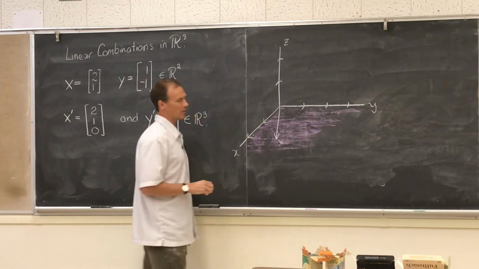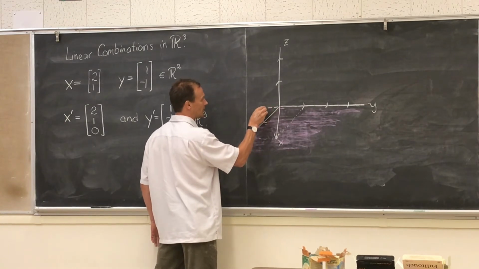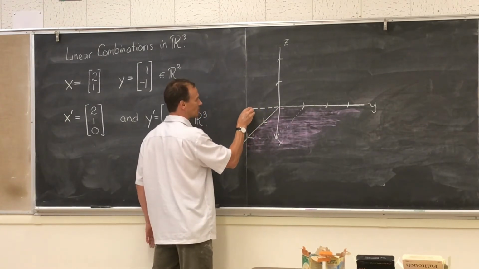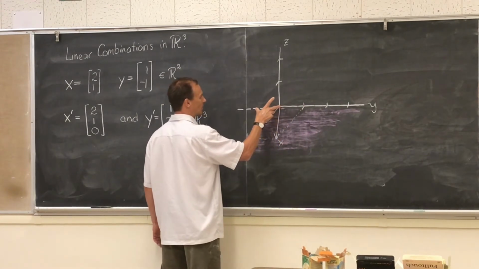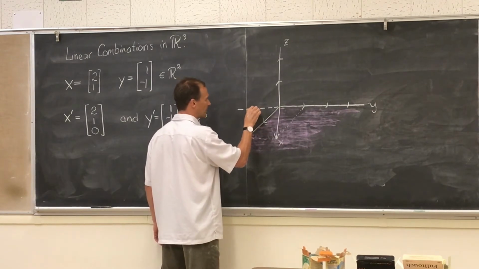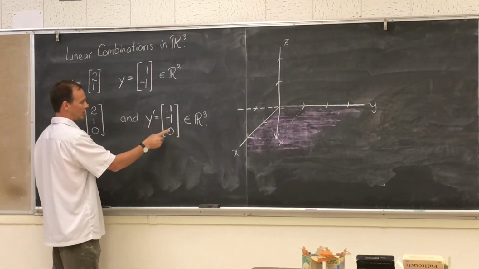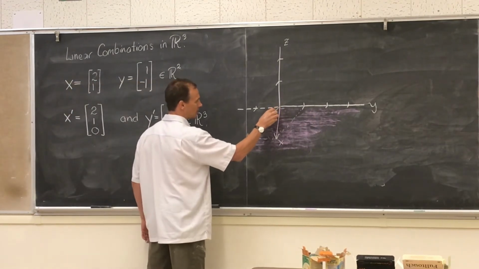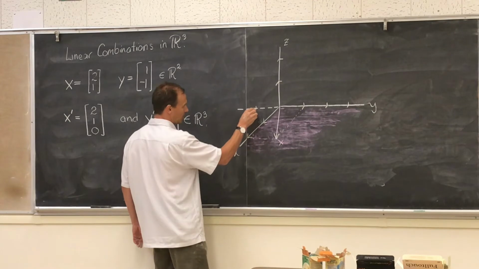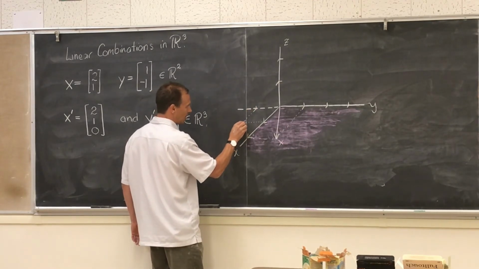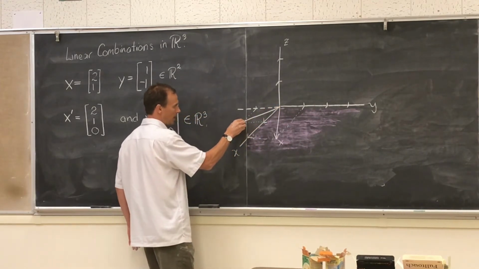Now, the vector y is a little bit more challenging to draw. I'm going to come out to the left with some big heavy dashes to show you that really these are behind the board. So we have to think through this, but that's not a problem. To graph y, I need 1, minus 1, 0. So x is 1, so I come out to 1. Y is negative 1, so then I come back this direction to the left, and right there is my vector y prime.